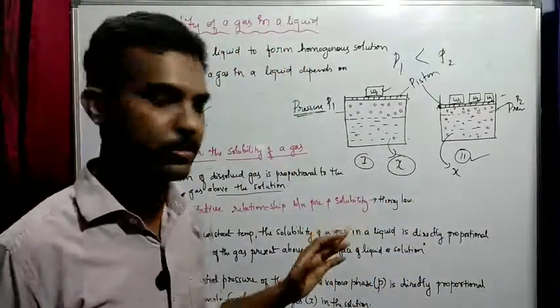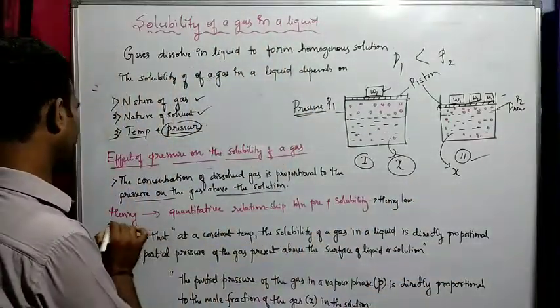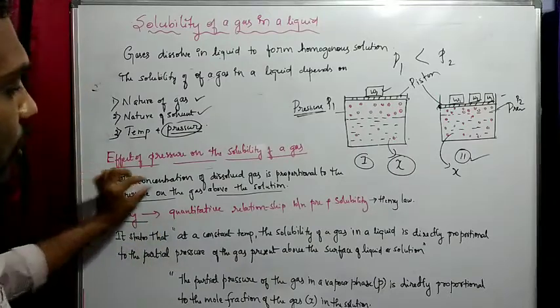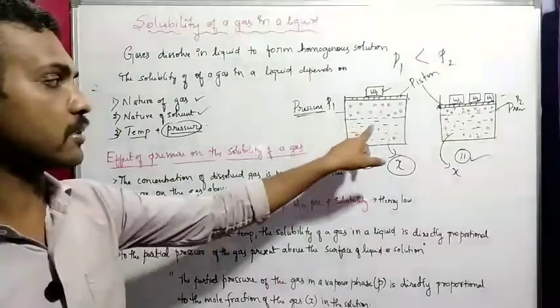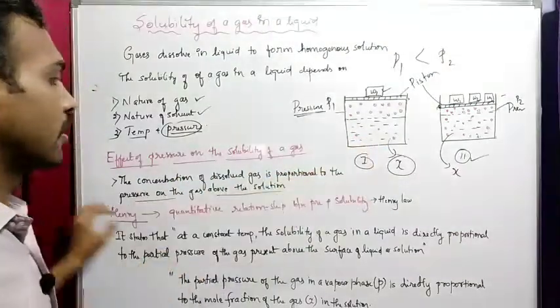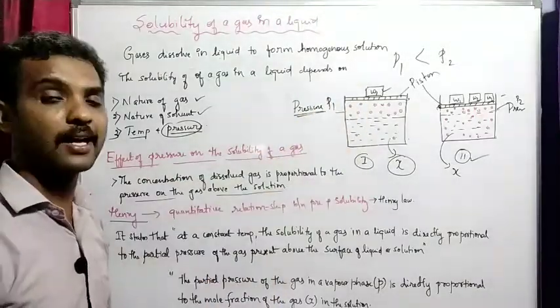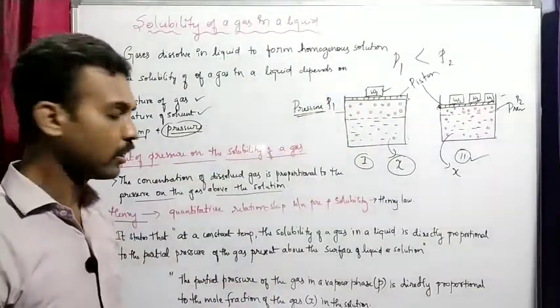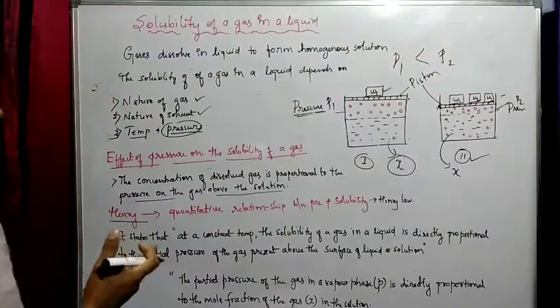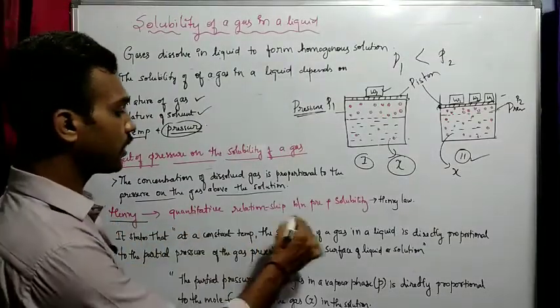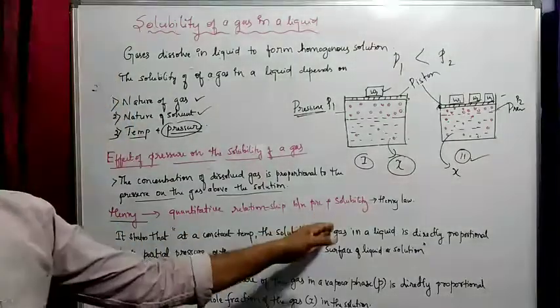Finally the quantitative analysis is done by Henry, right? So before going to that, the concentration of the dissolved gas is proportional to the pressure of the gas above the solution, right? Next Henry comes, and he has given the quantitative relationship between the pressure and the solubility.